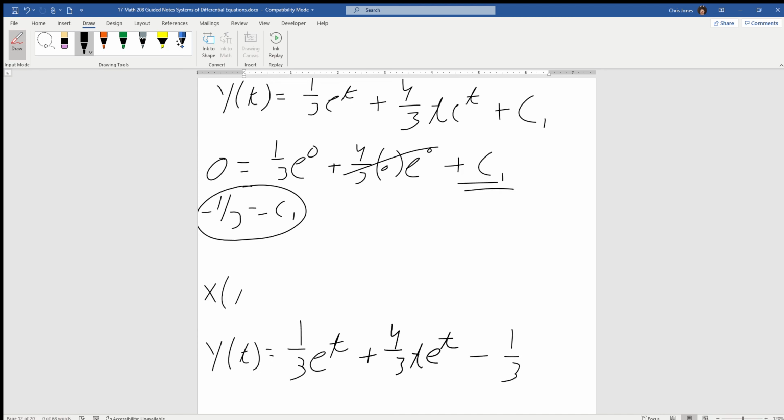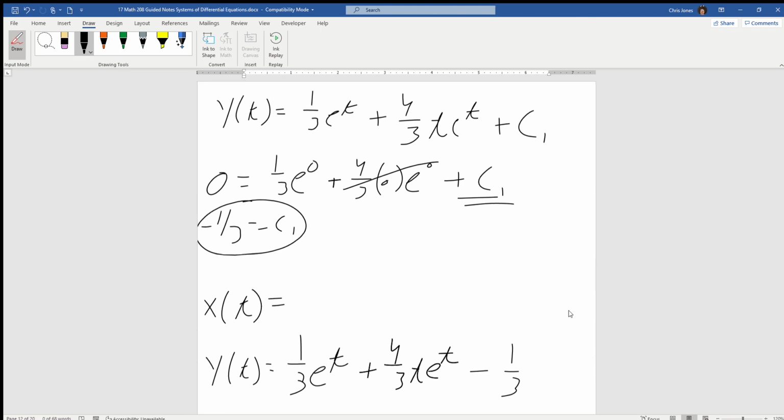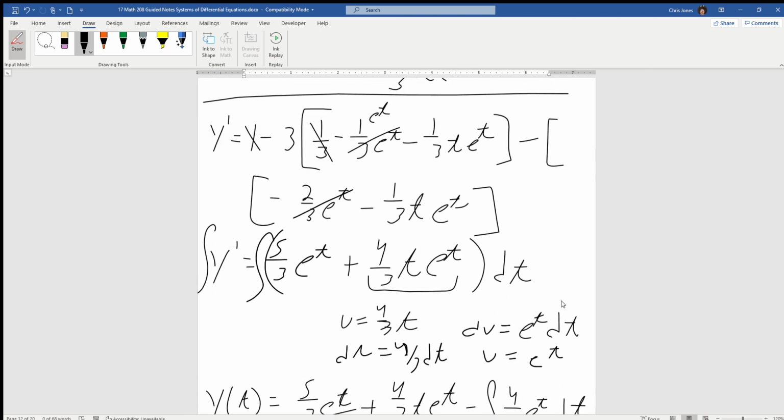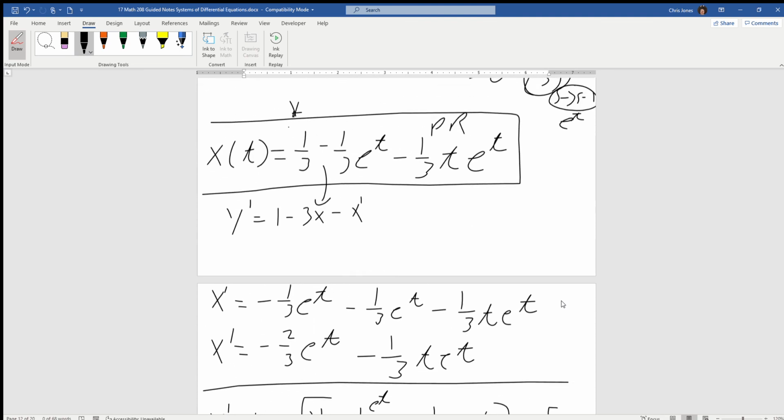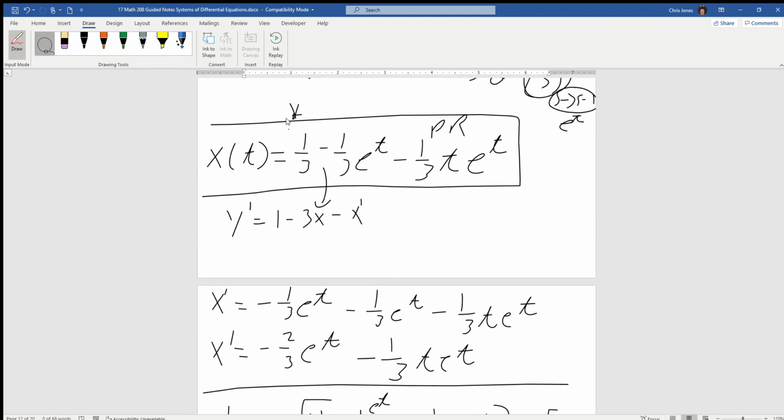And you might remember, it seems like a long time ago, but we did find x at t all the way back up here. Here we can copy it just to be nice, so that we have the solution all in one spot.